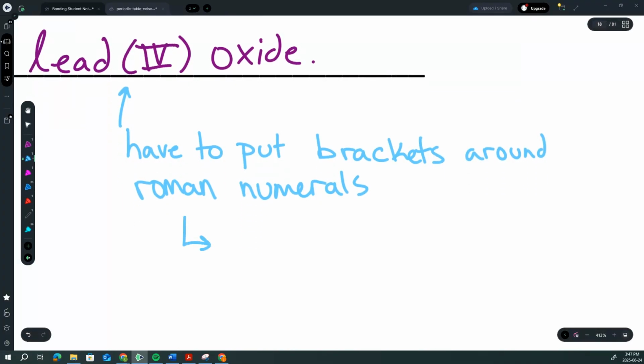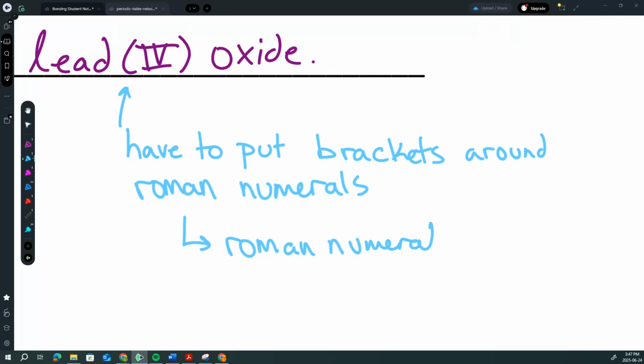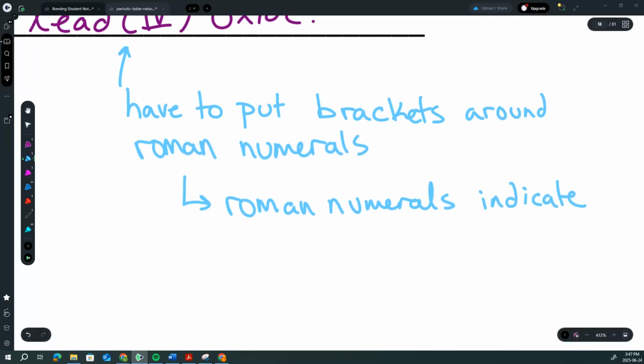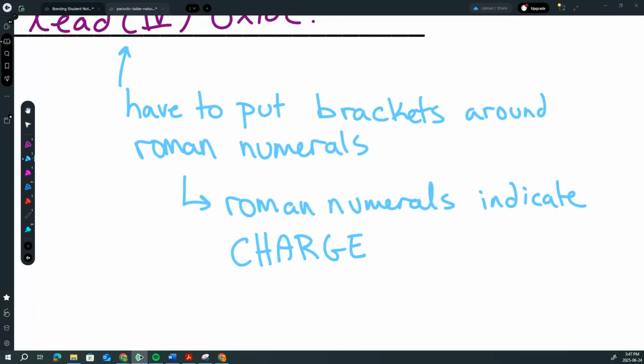Okay, and the Roman numerals indicate charge. So that's very important that you know that Roman numerals indicate charge, not the amount of atoms.